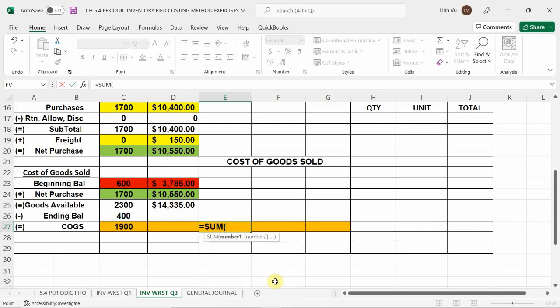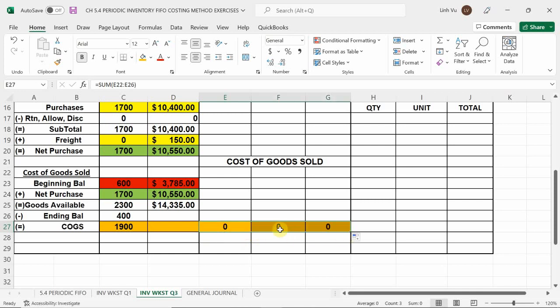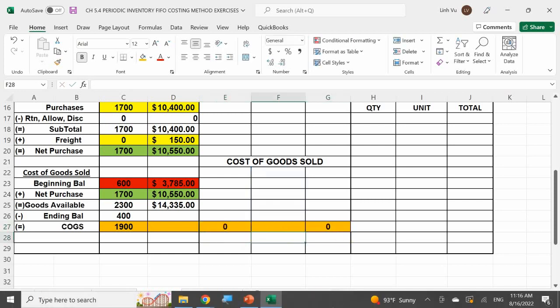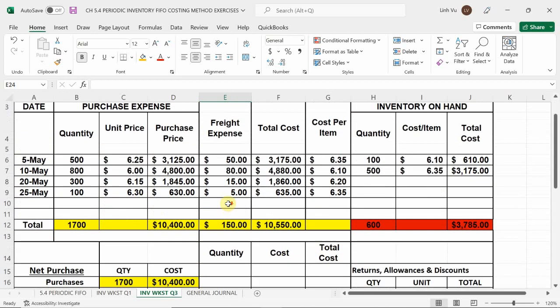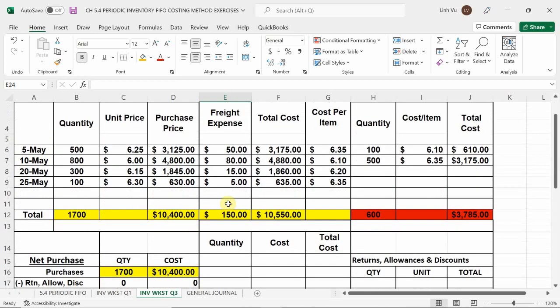So then I constantly know exactly how many items I need to sell to meet my cost of goods sold quantity of the 1,900 units. And I'm going to carry them over. Okay, so then it's constantly also calculating the total cost. Okay. So in this case, using the rules of FIFO, which batch of inventory is going to be sold first?